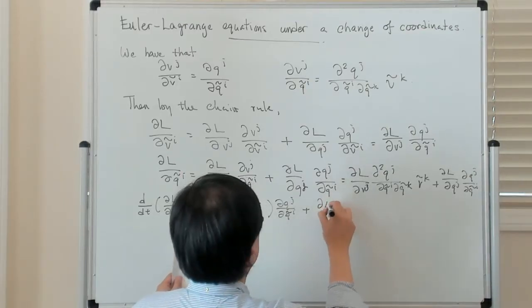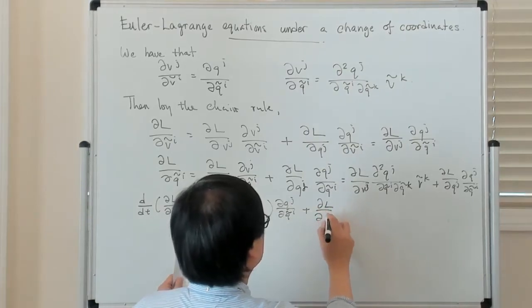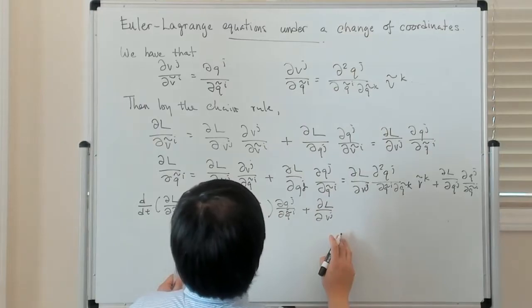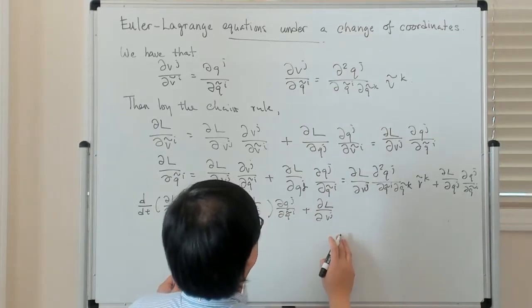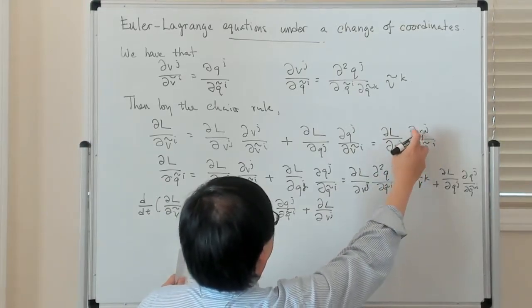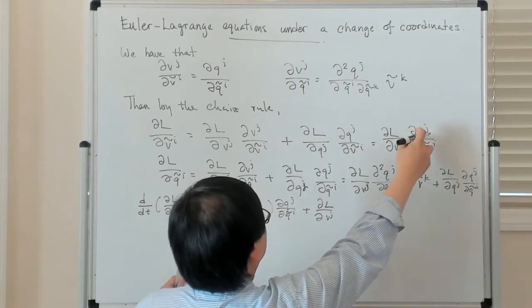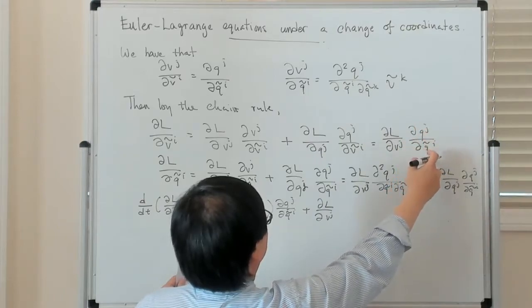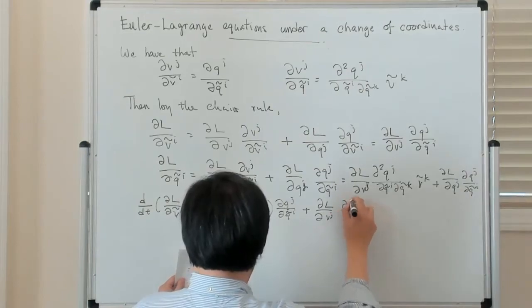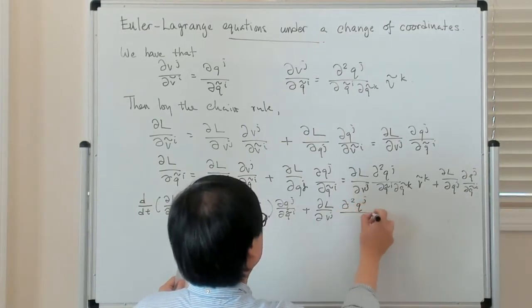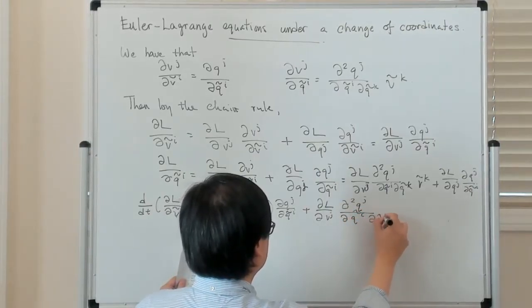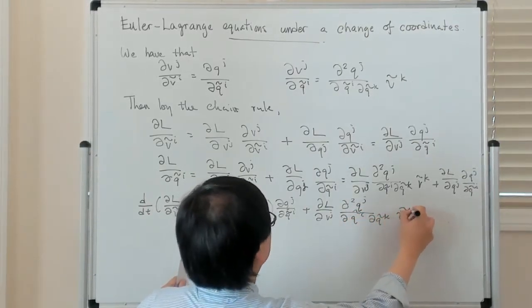Plus ∂L/∂v_j, all right? And then what happens is that I'm taking the time derivative of this term, which is then ∂v_j/∂q̃_i, which is this term here. Okay, so I have a ∂²q_j/∂q̃_i∂q̃_k ṽ_k.